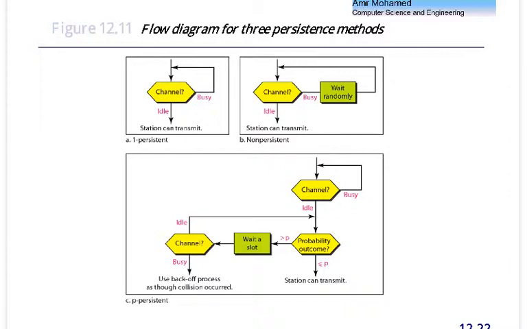If this random number is more than P, it's like you flip a coin and the coin says that you should not transmit. Then I have to wait, similar to the non-persistent case. You wait for a certain time and then you check again. So these are the three possible policies, and we will discuss them again.